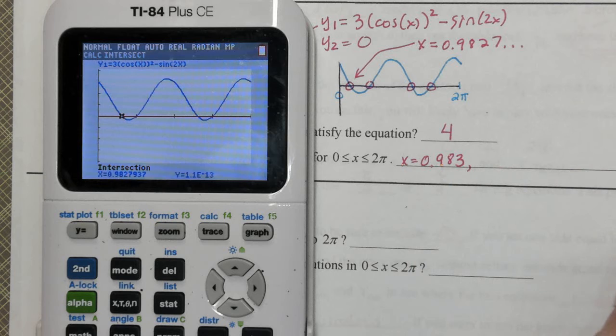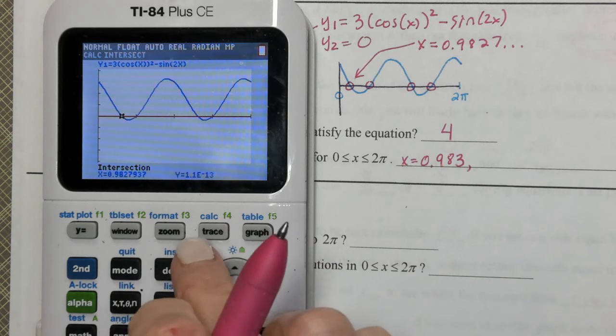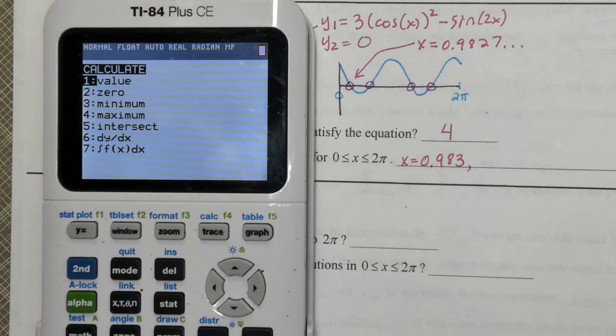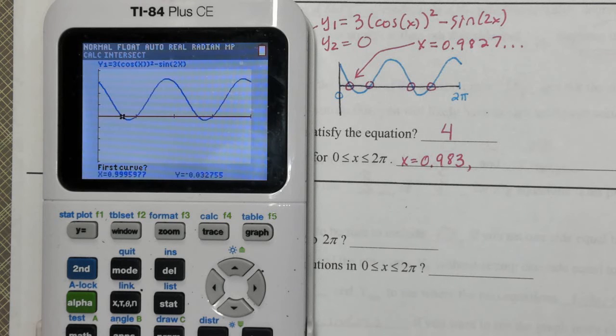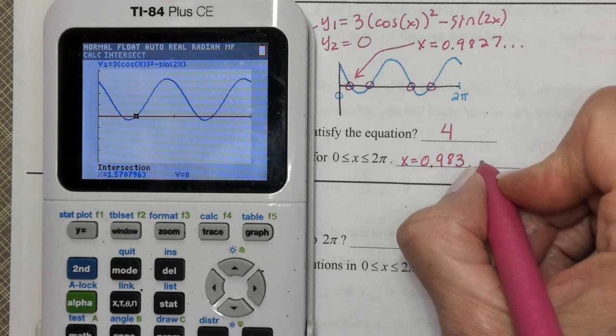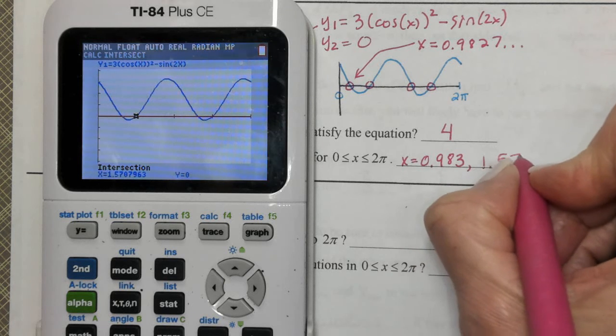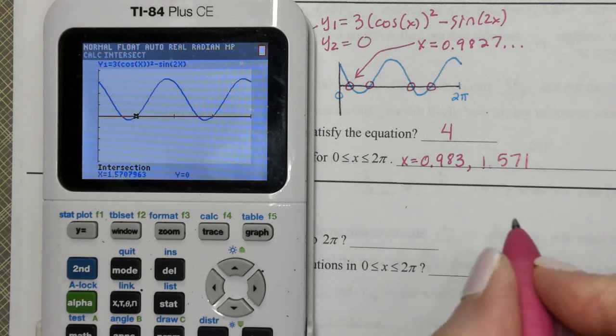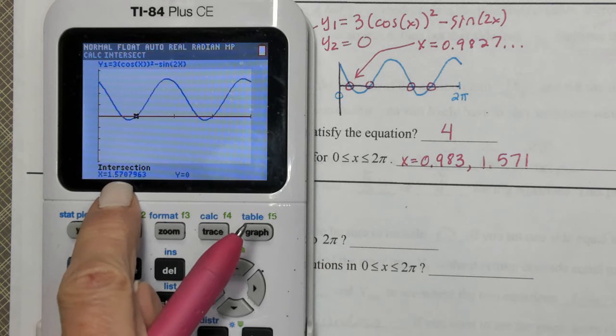And then I'll go get the next one. So for the next one, again, second calc 5. Move over here, enter, enter, enter, and we get 1.571. Rounding it to the 3 decimal places.